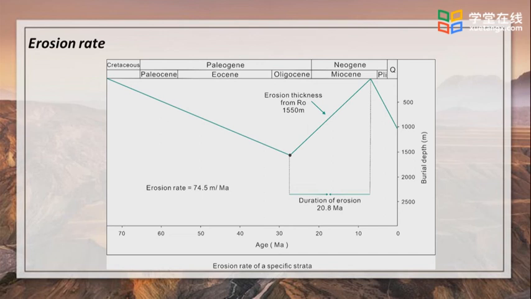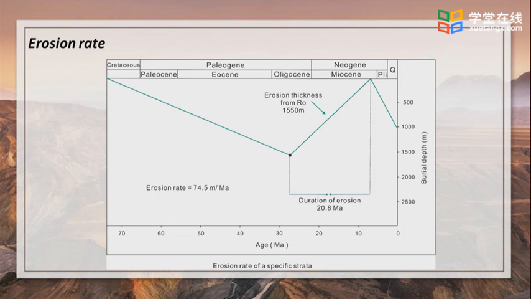So now we need to know the duration of the erosion to get the erosion rate. The duration of the erosion, in million years, is the time between the onset of the uplifting phase and the end of the uplifting phase.